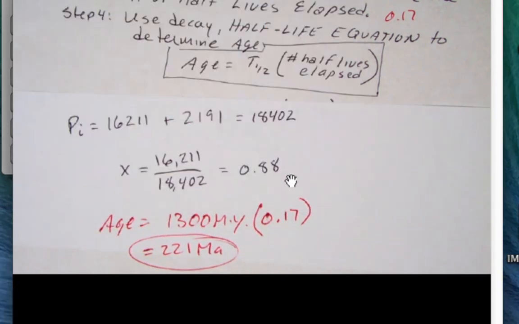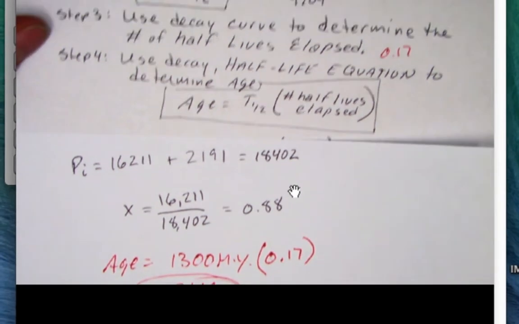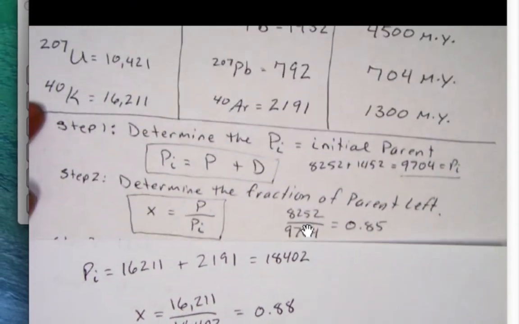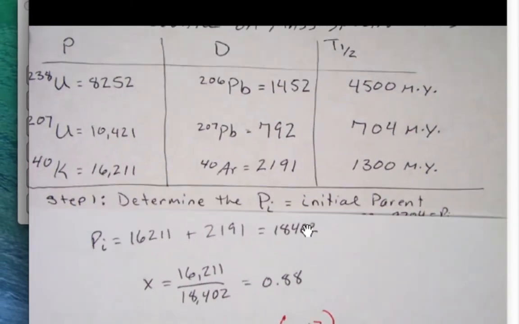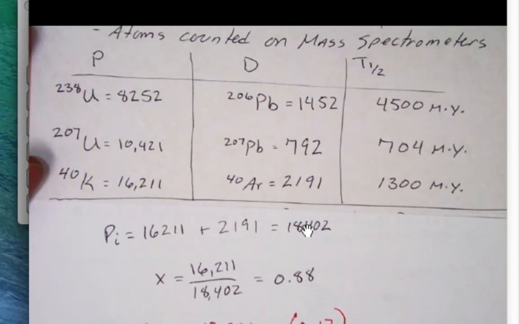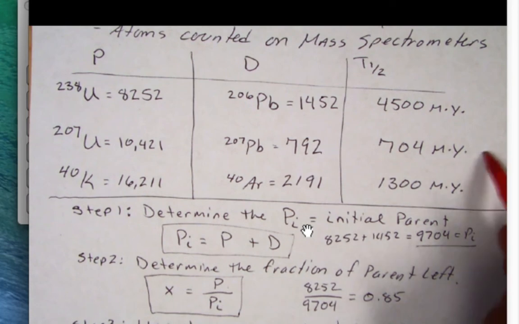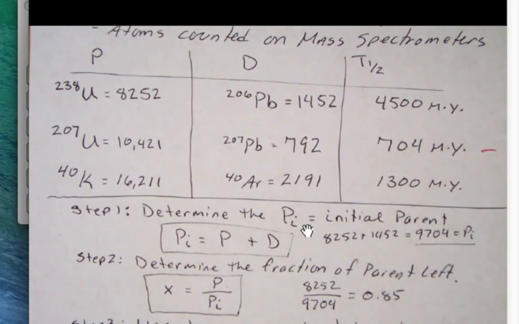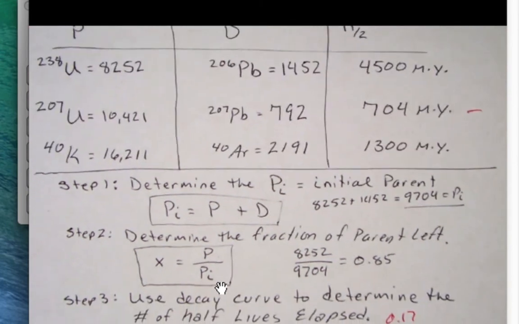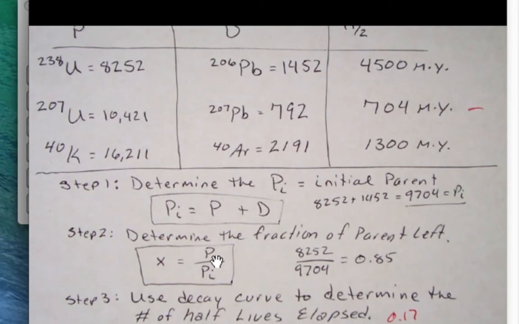And I mean, you can make up your own numbers, but we really measure them from crystals, from minerals. And so if you'd like, you can actually do this one on your own here. The uranium 207 to lead 207. So you'll want to add these two up, figure out the percent parent remaining with this equation here.